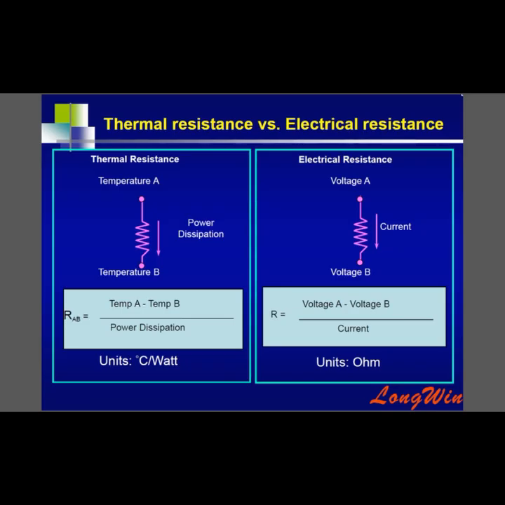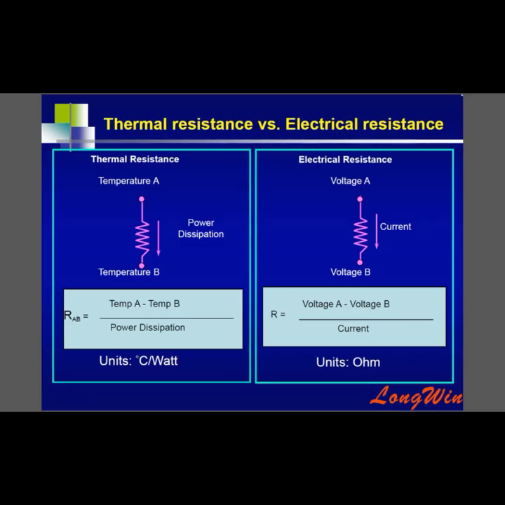And on the figure of right-hand side, this is the formula of electrical resistance. And you might be wondering why we put electrical resistance and thermal resistance together. Because when we were in high school, we learned the definition of electrical resistance, and we also learned the correlation of putting the electrical resistance in serial or in parallel.